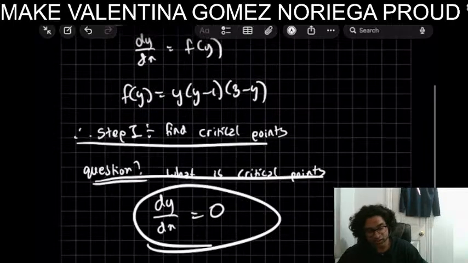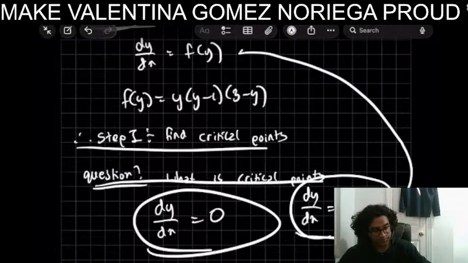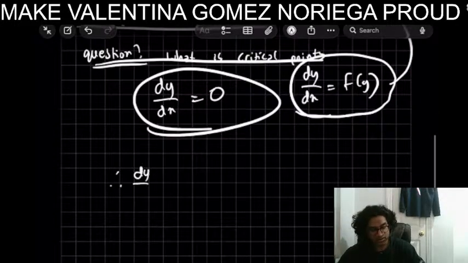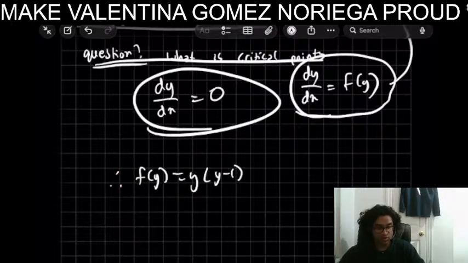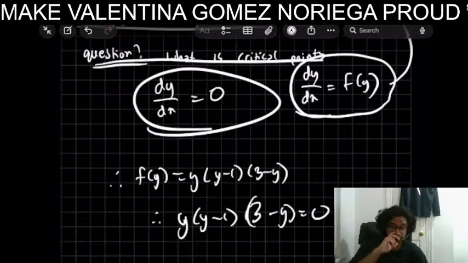Now, in this case, dy/dx is f(y) from here. f(y) is equal to (y - 1)(3 - y). So we're going to have (y - 1)(3 - y) equal to 0.